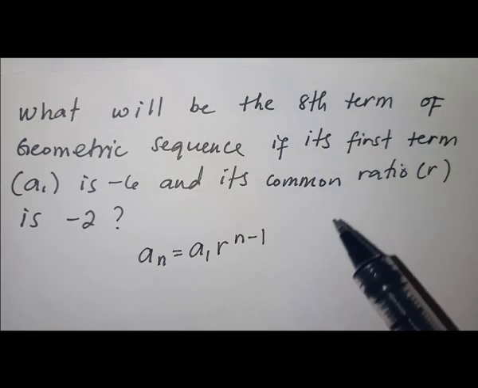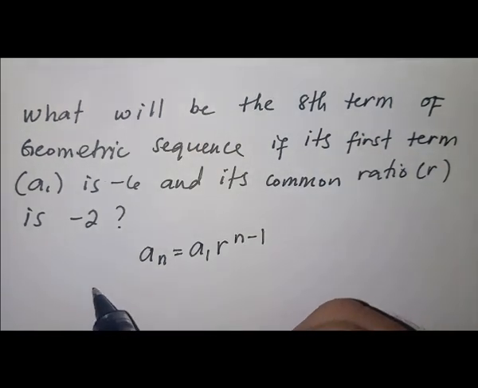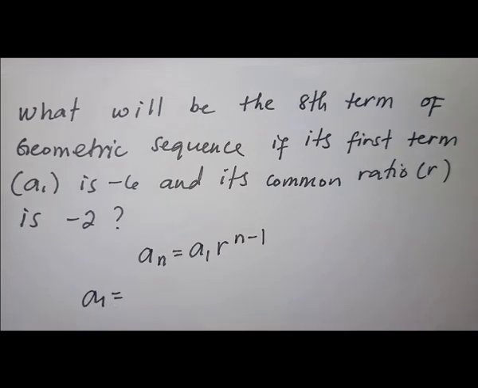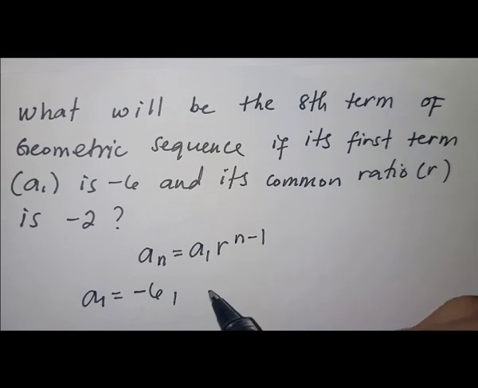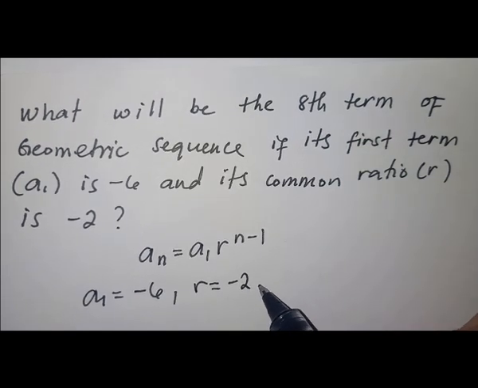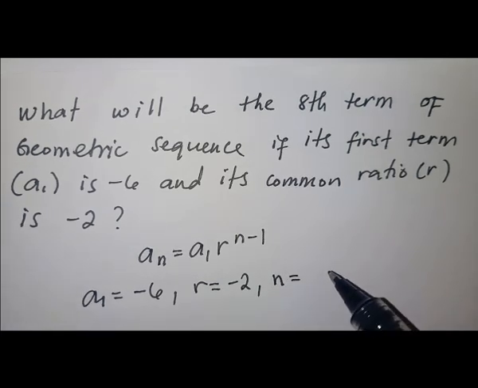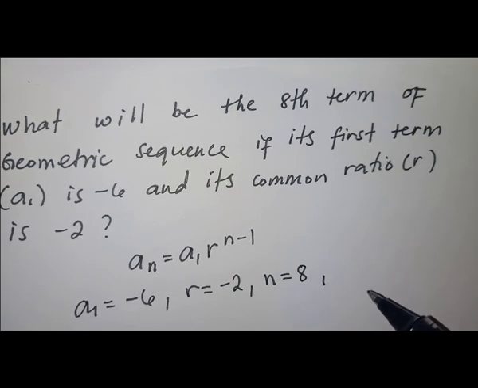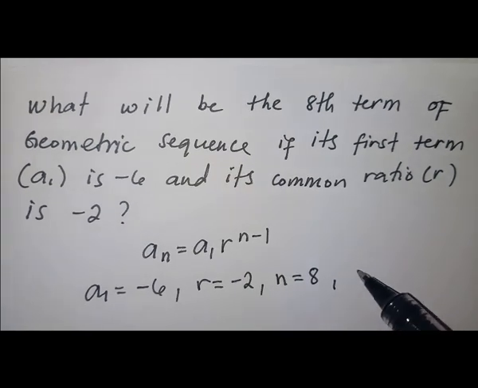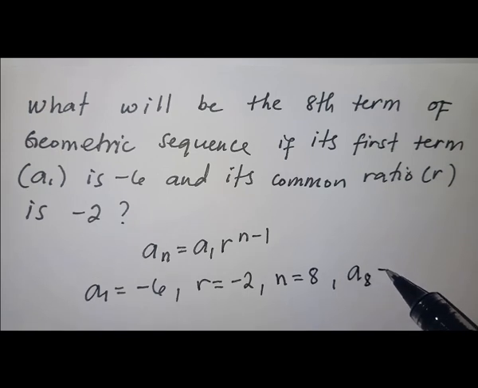So, from this given, meron tayong value ng a sub 1. No, yung a sub 1 daw natin dito ay negative 6. Yung common ratio na meron tayo rito ay negative 2. Okay? Your n here, dahil 8th term yung hinahanap natin, n is 8. And of course, kailangan nating hanapin is yung value ng 8th term.